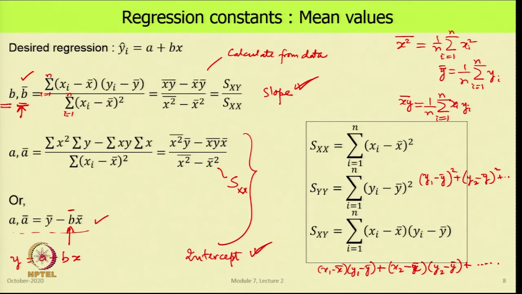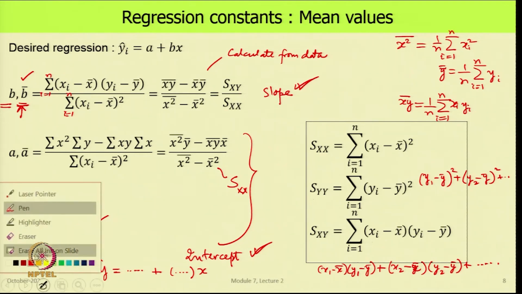And so, we can now write y is equal to some number plus some number times x, or you can call this y hat if you want to do that. In the expression itself, the hat will not be there.